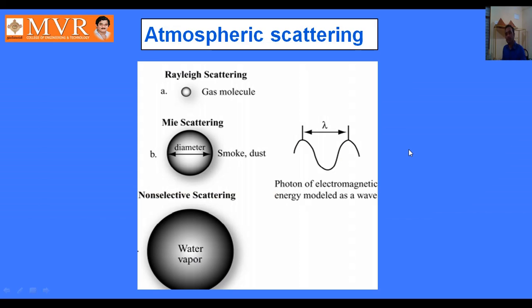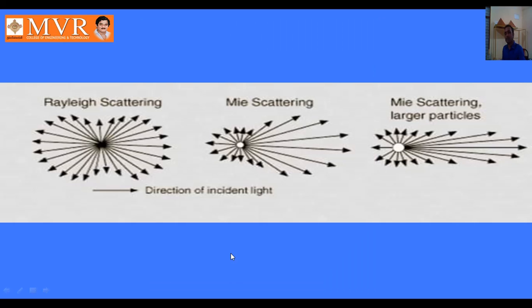That's why so much of the radiation is scattered in the forward direction. This is non-selective scattering.